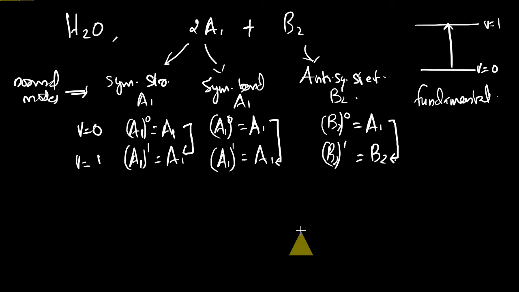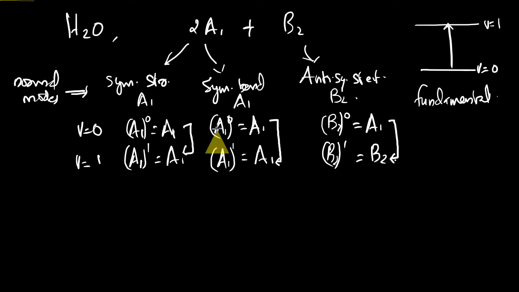Okay, A1 to B2 symmetry. So here you can see three different modes of vibrations, and corresponding to three modes of vibrations, there will be three types of spectral transitions. The first one corresponds to an A1 to A1 transition. The second one is A1 to A1 transition. And the third one is A1 to B2 transition.